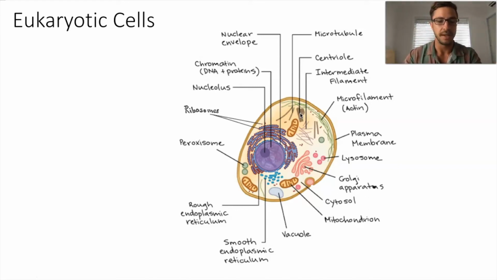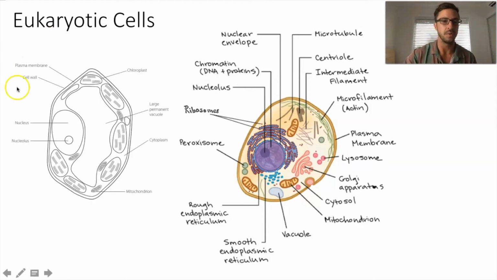Well, not on here, but when talking about eukaryotic cells, we can talk animal cells, but we can also talk plant cells. Plant cells are similar, but they also have a few more extra features. Number one, a cell wall gives the plant a more rigid structure because plants don't have a skeleton, so they require a cell wall for that.